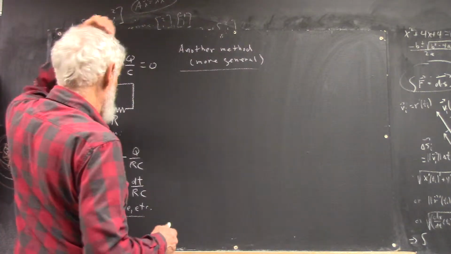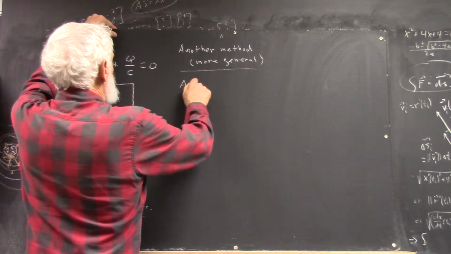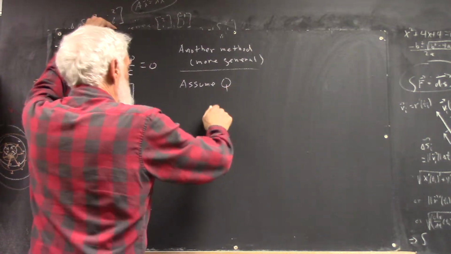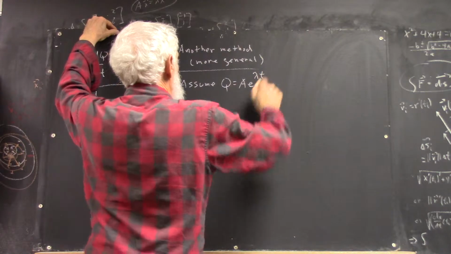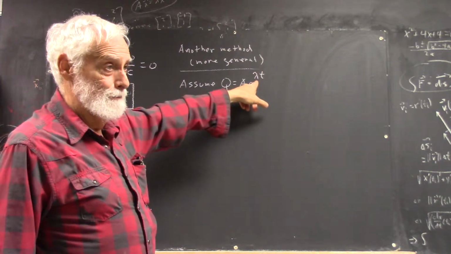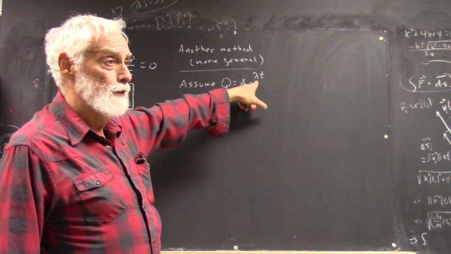Okay, so another method, more general, is to assume a solution of exponential form. Now, where else have you seen lambdas? You've seen them in this course, but you've certainly seen them in linear algebra.